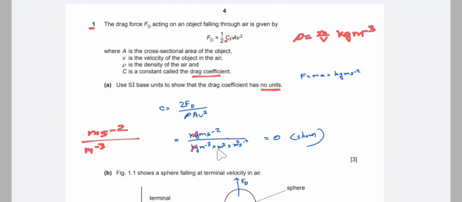Since the base is the same, we need to add the powers: minus 3 plus 2 plus 2. The second to the power negative 2 cancels out. Then meter to the power of minus 3 plus 2 plus 2, that is meter. So it cancels and the overall unit becomes 0. So it is shown that the drag coefficient has no unit.